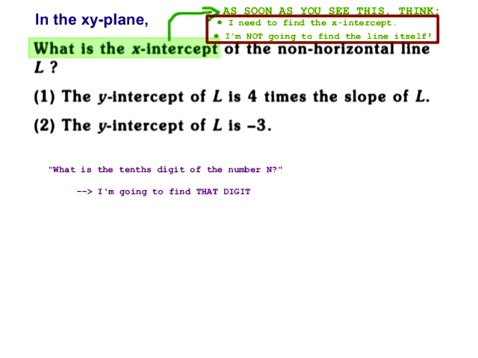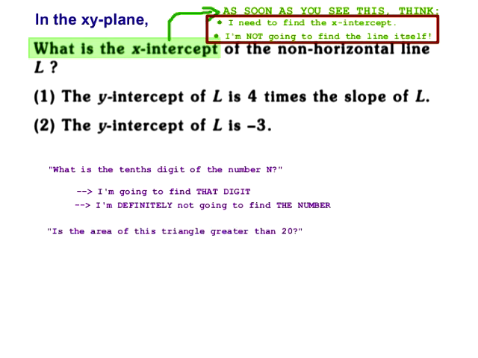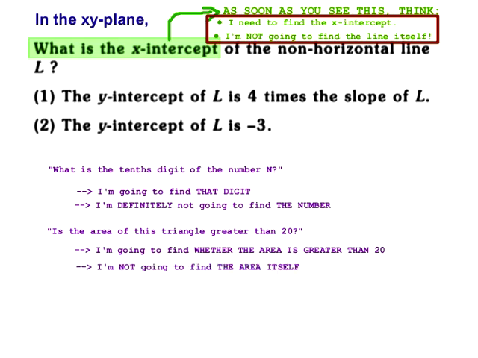Definitely, definitely. If you see something like, is the area of this triangle greater than 20, you should think that you're going to find whether the area is greater than 20, but you are definitely not going to find the area itself.